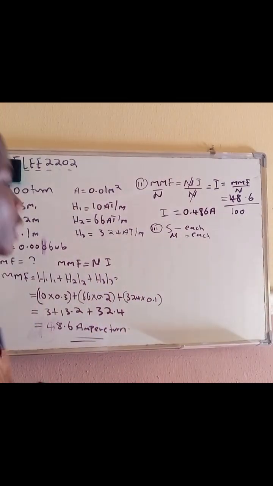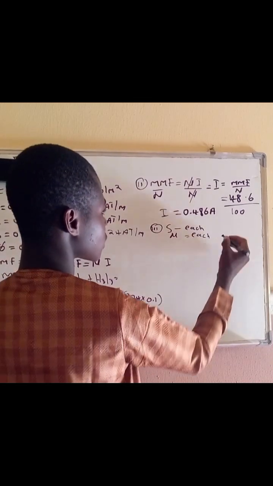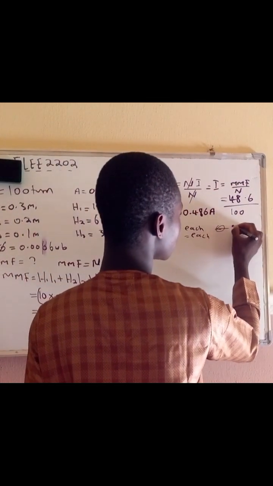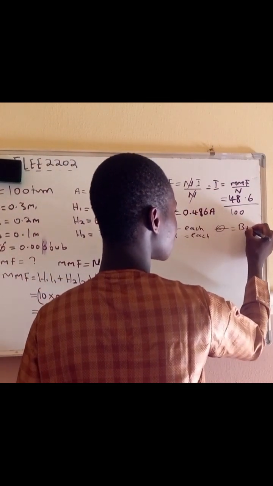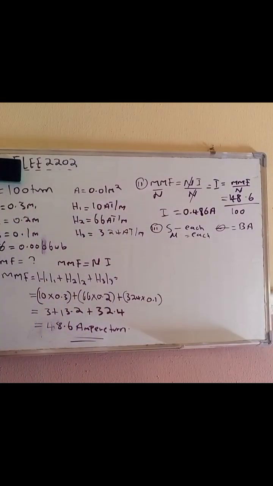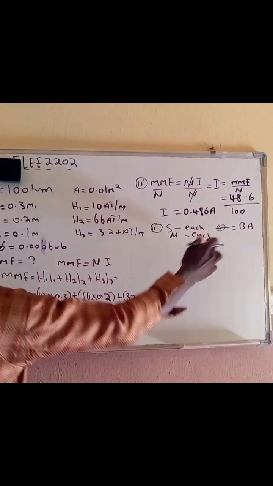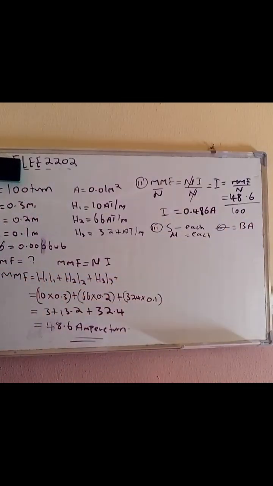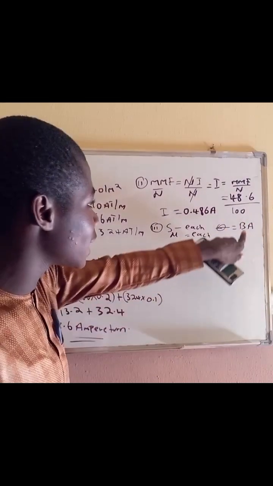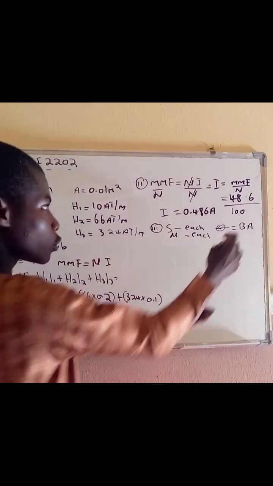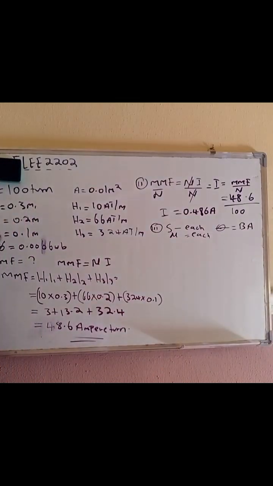We all know the relation which says flux is equal to magnetic field multiplied by area. So the magnetic flux is given, and also the area is given, but the magnetic field is not given. So we have to make it the subject and find the magnetic field.